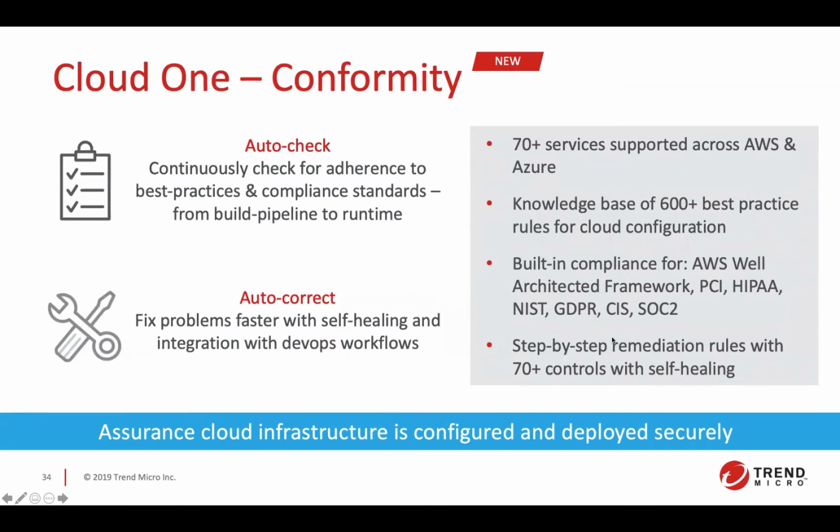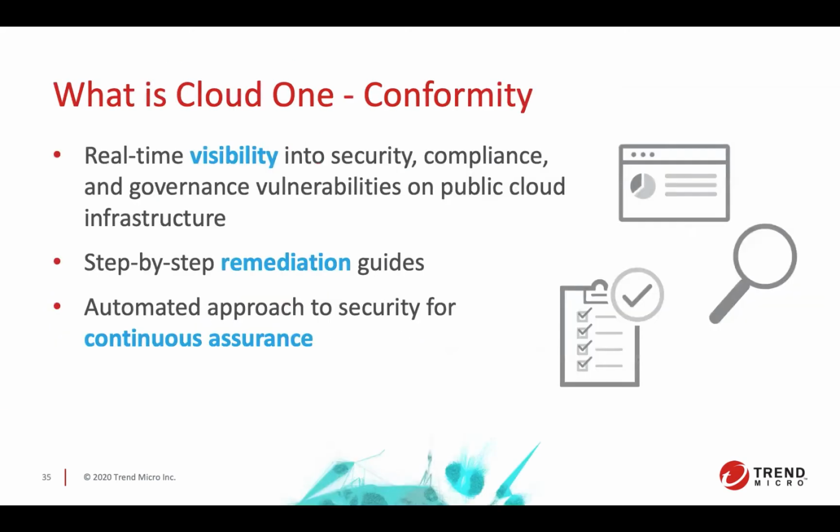And this is where Cloud Conformity comes into play, right? The biggest thing with Cloud Conformity is that we're going to give you, in essence, a single place where you can have real-time visibility around your security and also your governance for the public cloud itself.